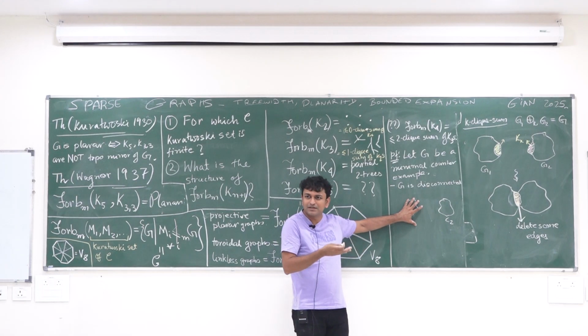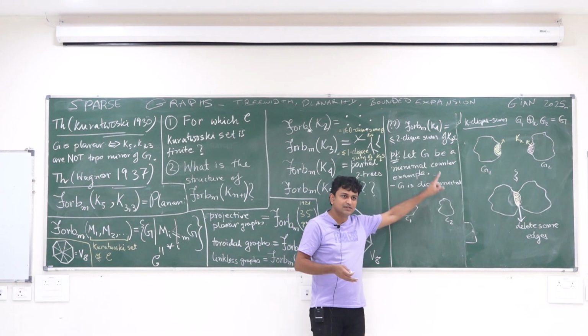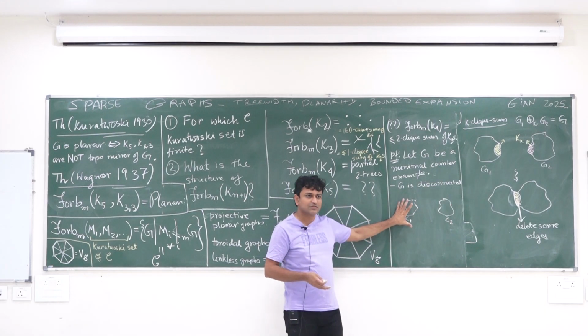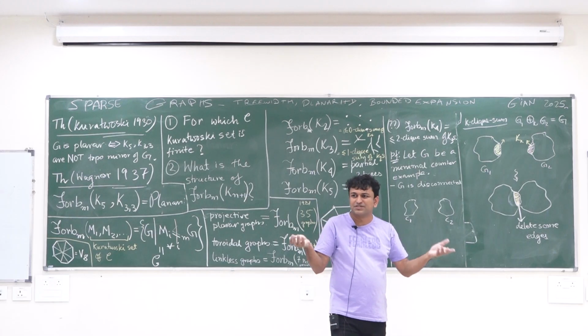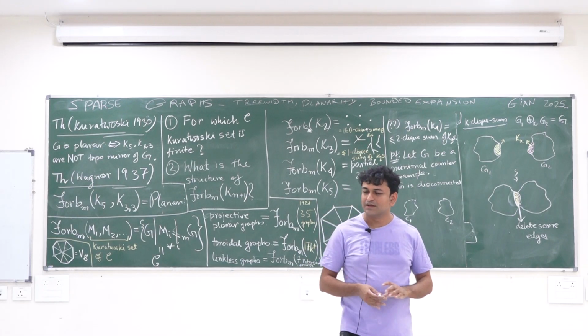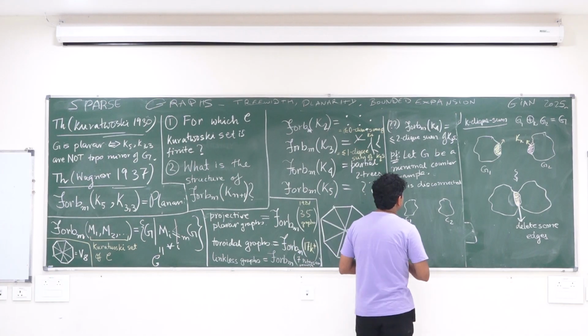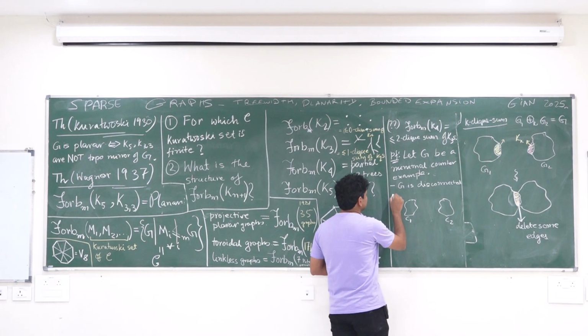It is also K4-minor free. So you can construct this using our rule. Delete this, you can construct this using our rule. And then merge them together. So it's an okay process. Now, G cannot be disconnected.